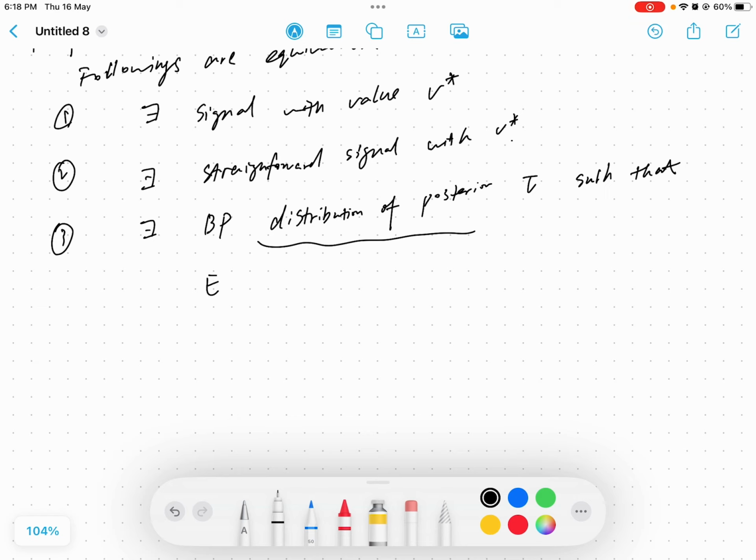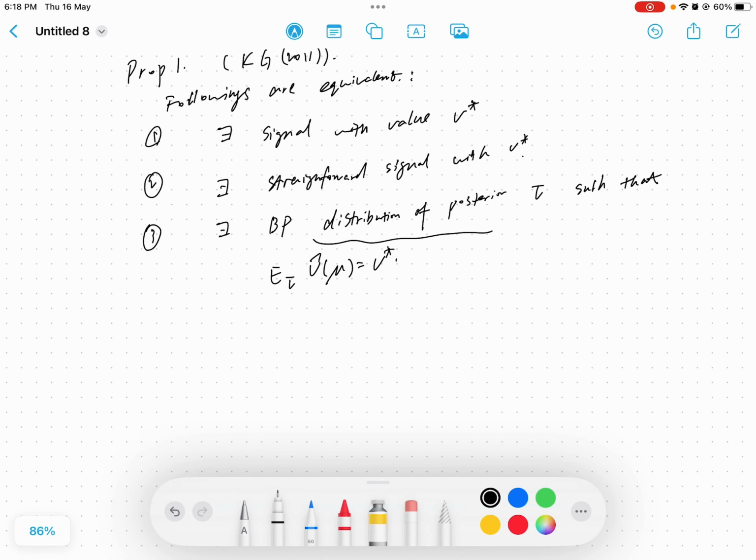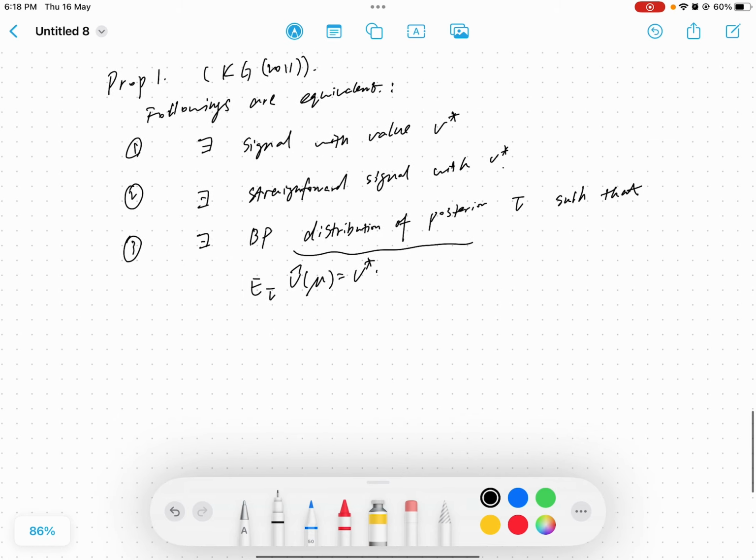It means that the expected utility given this tau is V star, right? For the sender. Okay. So that's the statement of the first proposition in the paper. Okay. And now let's prove that.